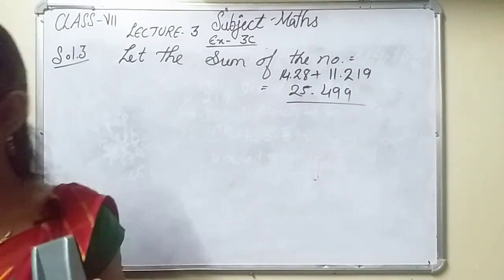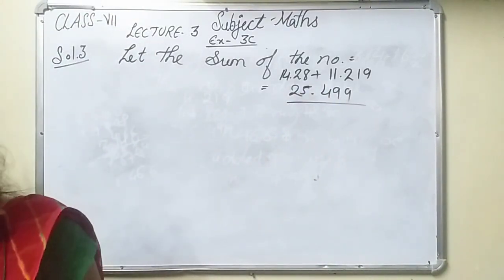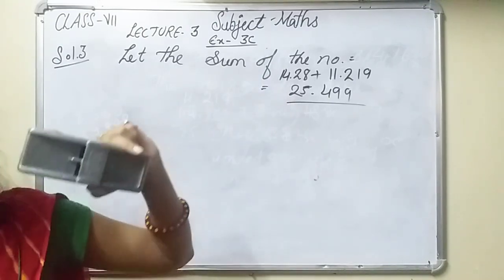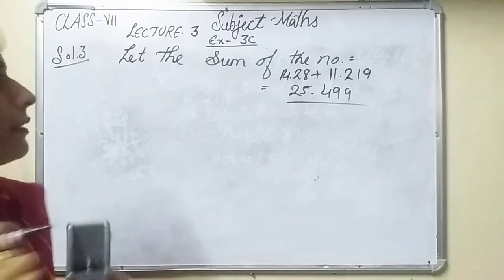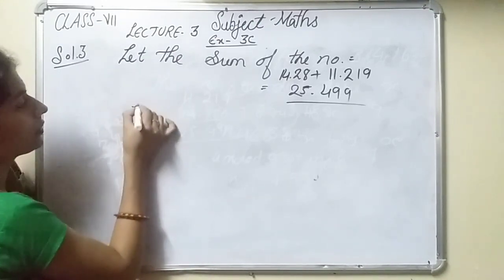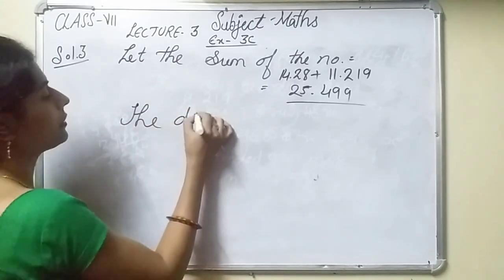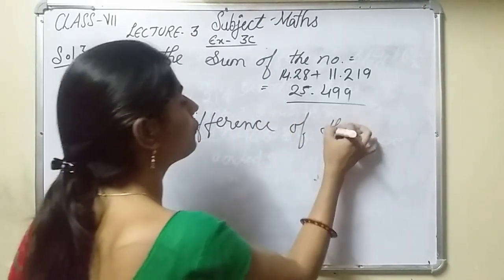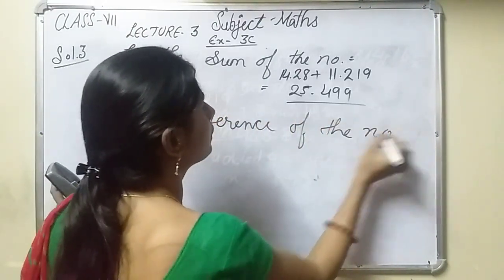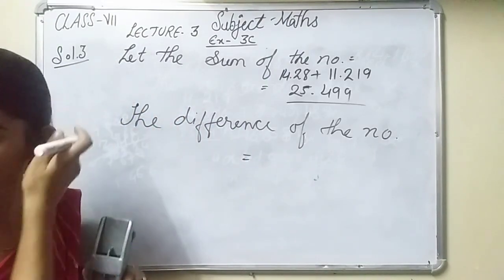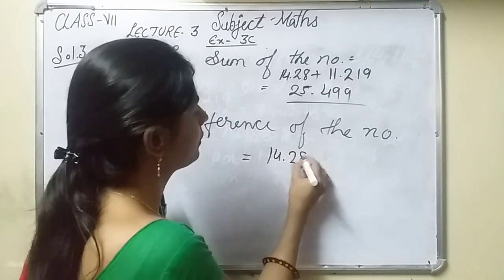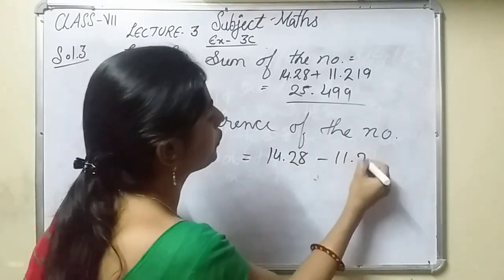Now see, again what they are saying: by how much the sum we have added is greater than their difference. Now the difference of the numbers is 14.28 minus 11.219.